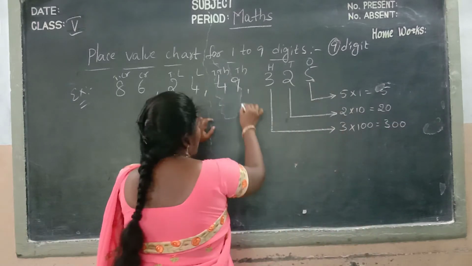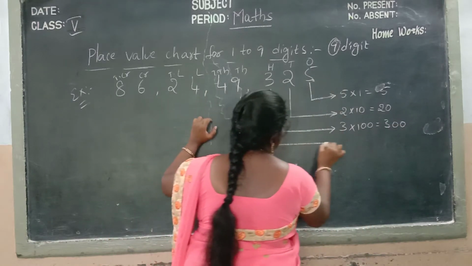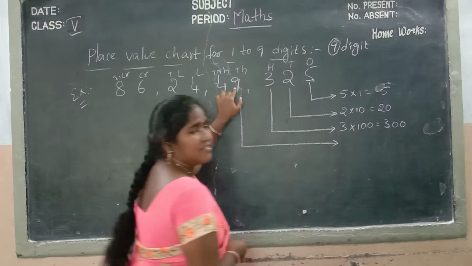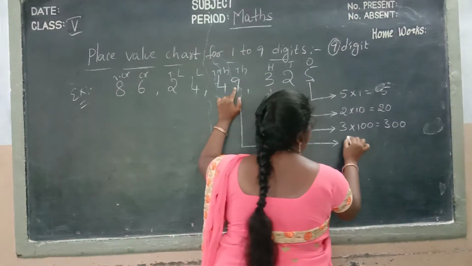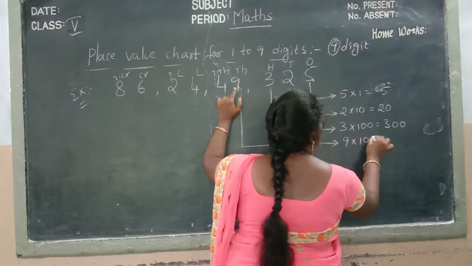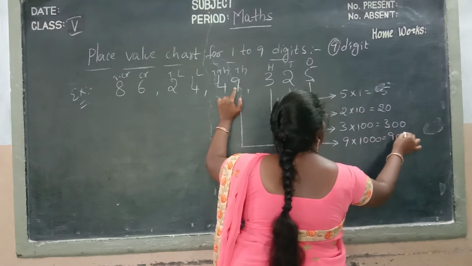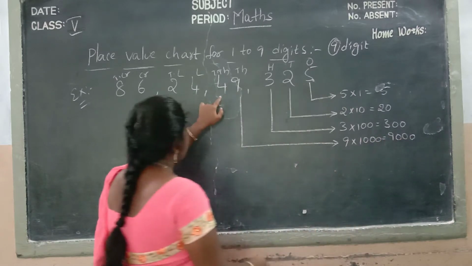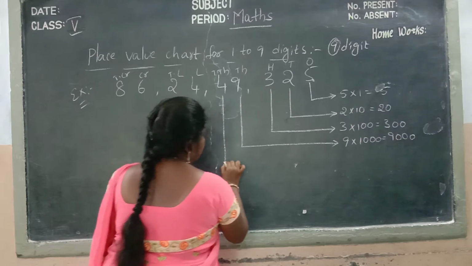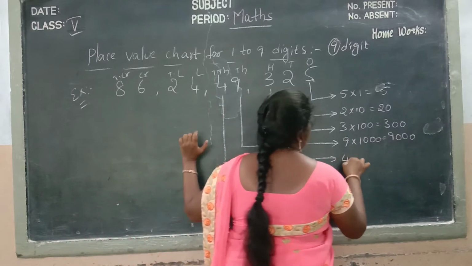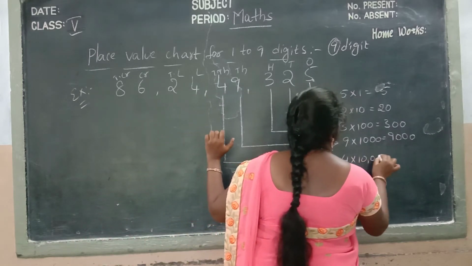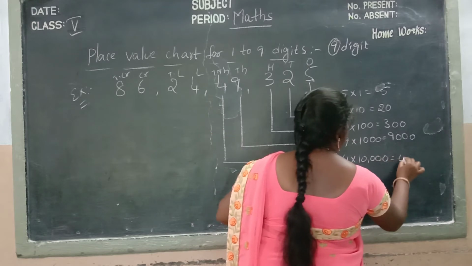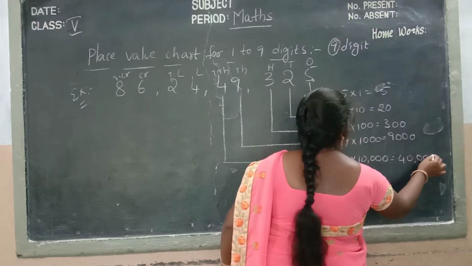And next goes to the thousands place. What is the number in the thousands place, children? 9. 9 into 1000. That is 9000. Next goes to 10,000. 4 is in the 10,000s place. 4 into 10,000 means 40,000.